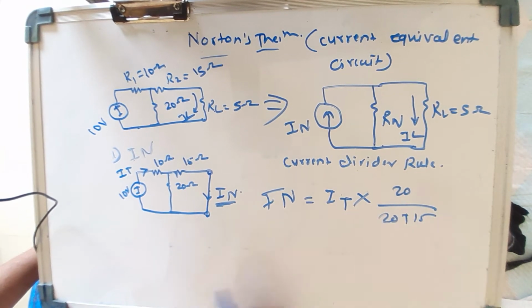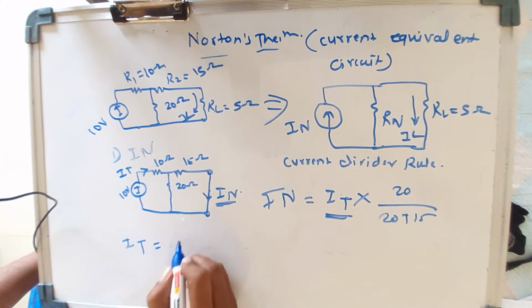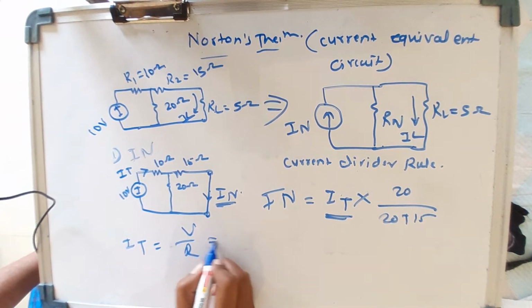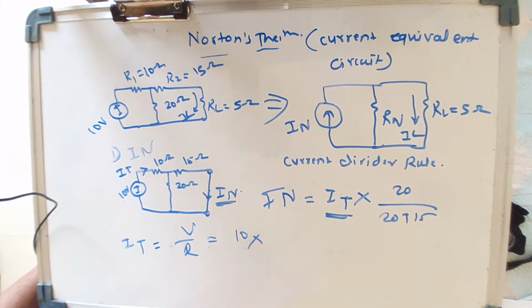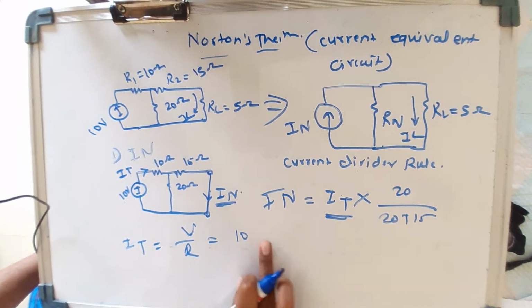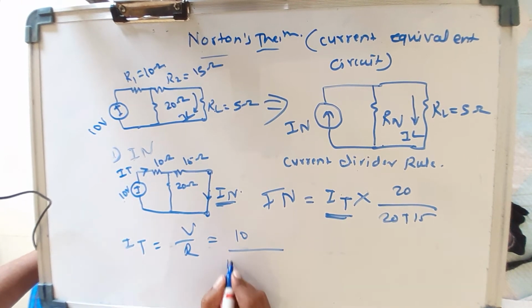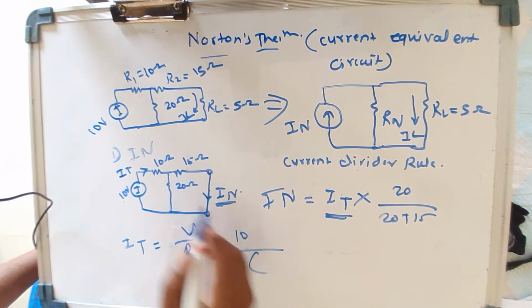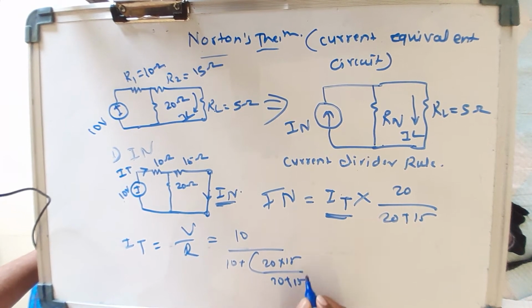Firstly we have to find the value of It. I equals V by R. So we take 10 divided by R, where R is 10 plus these two in parallel, 20 into 15 divided by 20 plus 15.